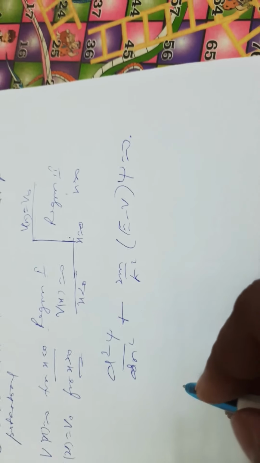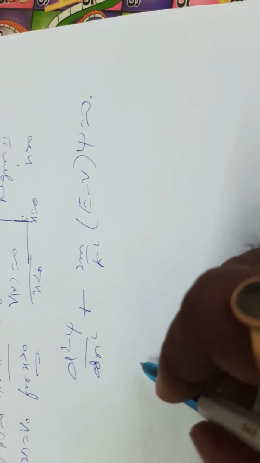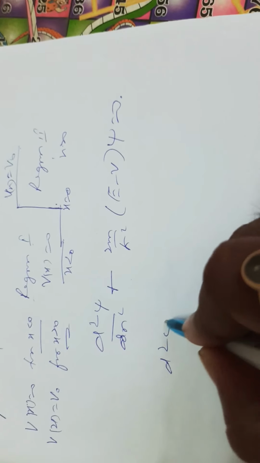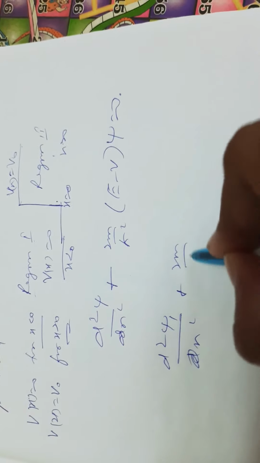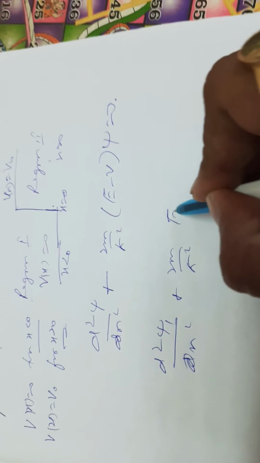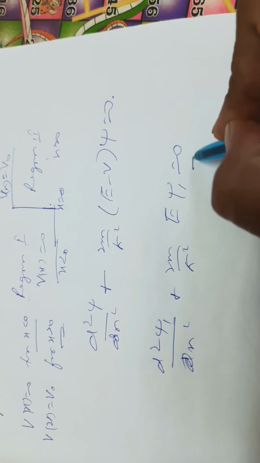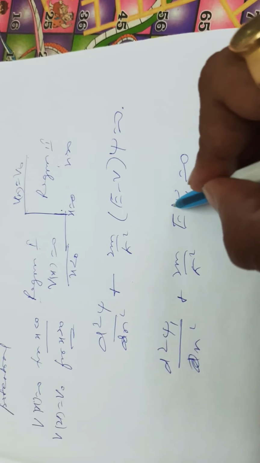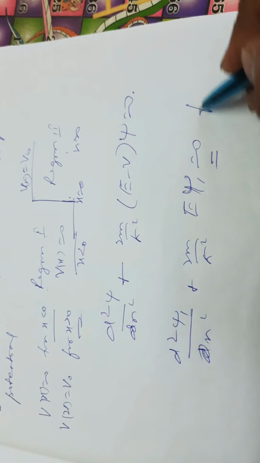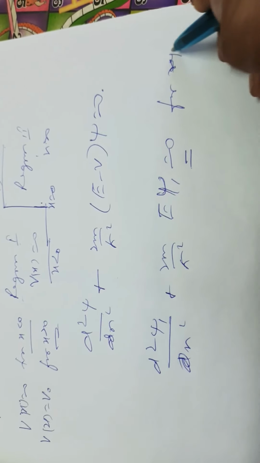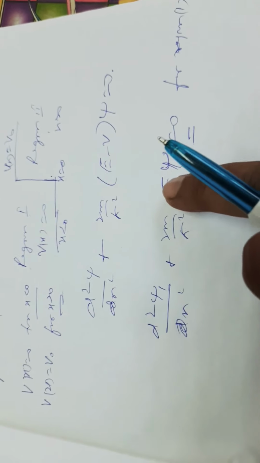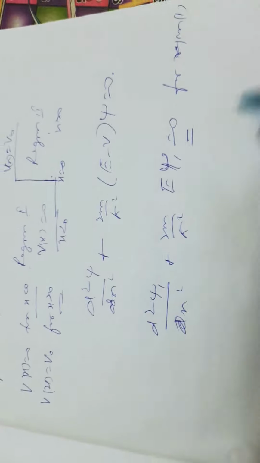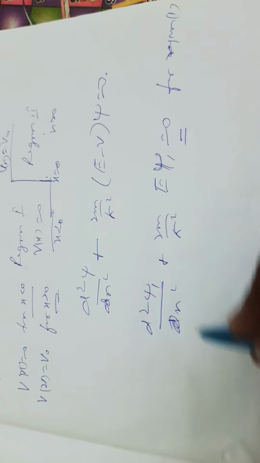For region 1 it is d square psi 1 by dx square plus 2m by h cross square into E psi 1 equal to 0. Here V is 0 in region 1, so E minus V becomes just E.